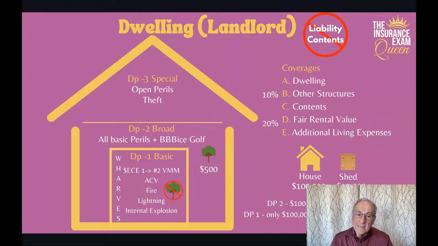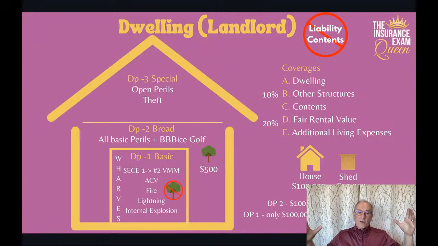Whew. That's DP1 explained to you in one little picture. Now let's graduate up to a DP2. What do we get extra? All the basic perils, that means the ones in the DP1, plus BB Bice Golf. And we're now going to cover the trees for $500.